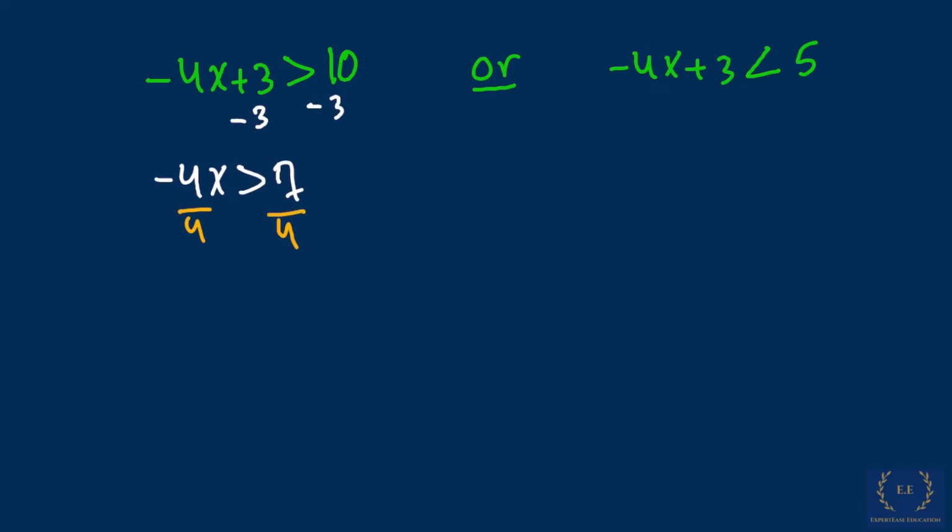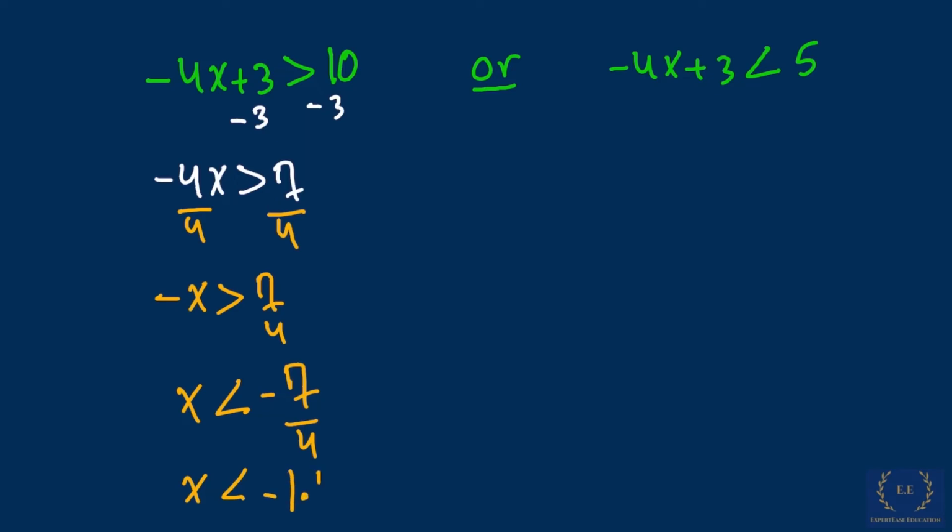Divide by 4 without the minus sign. You'll end up having minus x more than 7 over 4. Now multiply with the minus sign. It will be x is less than minus 7 over 4. So in this case, x is less than minus 1.75.